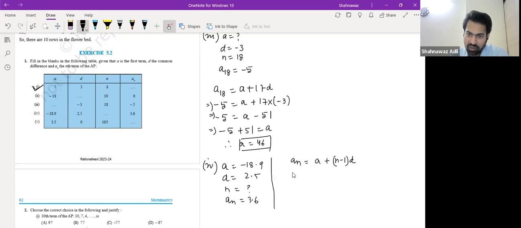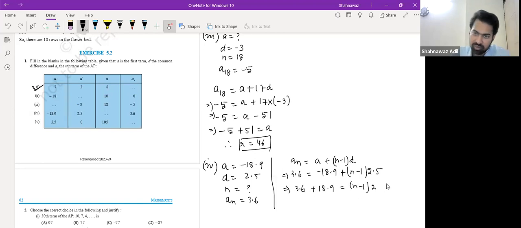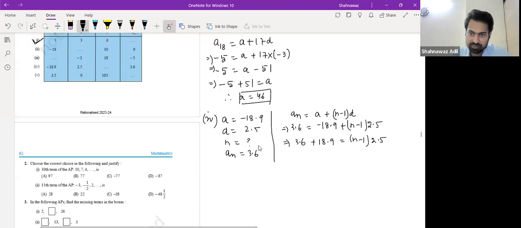So An is 3.6, right? Yes, sir. A is minus 18.9, N minus 1, and D is 2.5. So we can write 3.6 plus 18.9 is N minus 1 into 2.5. So this is how much? 22.5.